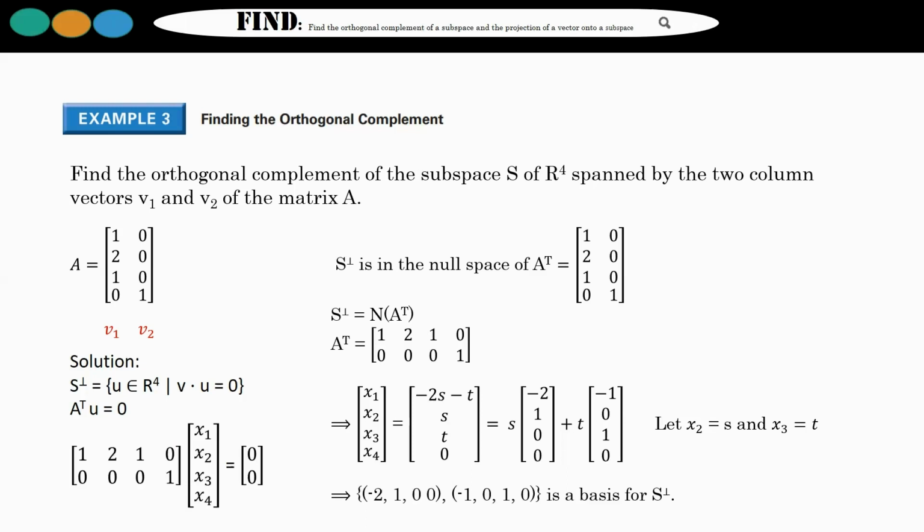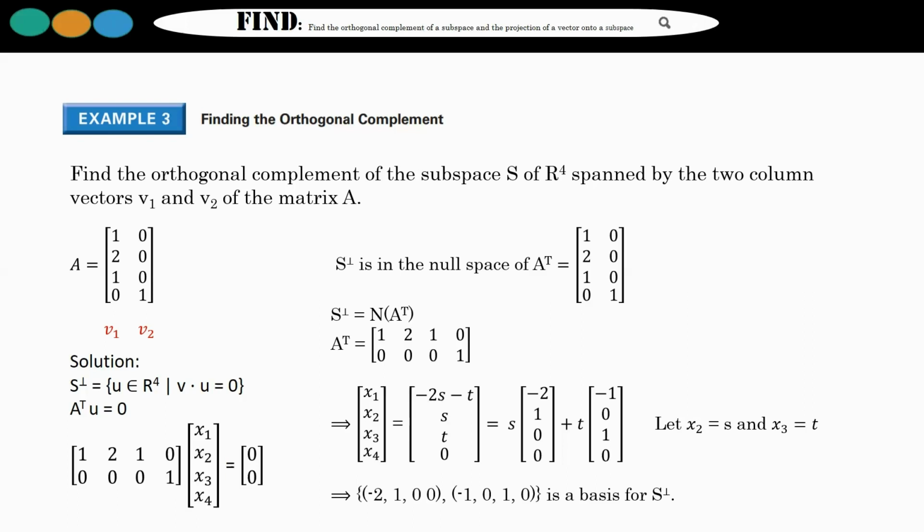So for the s value, in x sub 1 we have negative 2, for x sub 2 we have 1, and for x sub 3 and x sub 4 we have zeros.